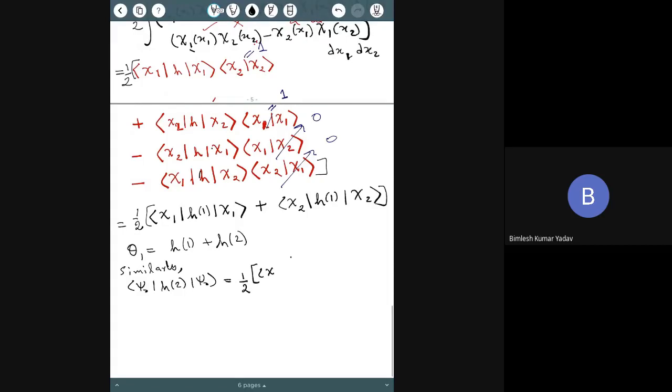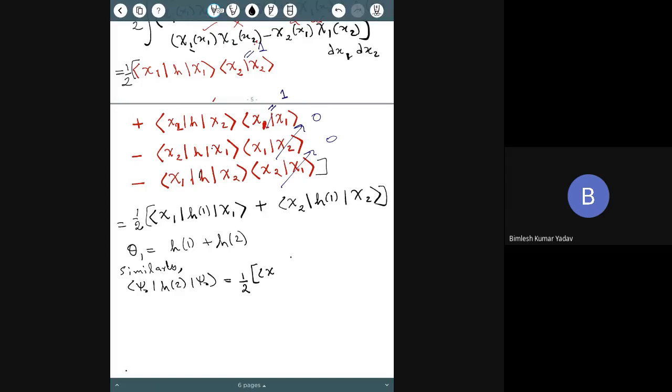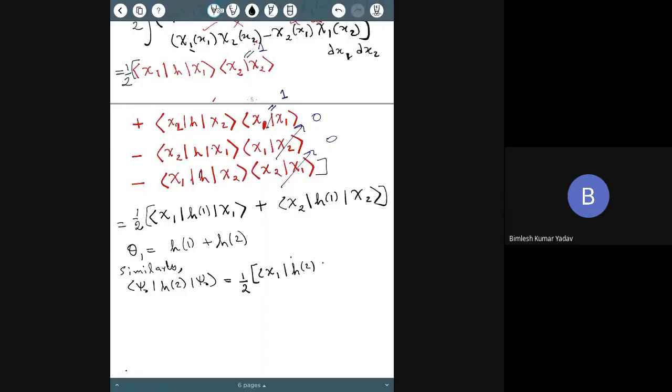Theta 1 is the sum of the one electron operators of all the electrons. So it's H1 plus H2. So now we have solved psi naught H1 psi naught, and by H2 chi1 plus chi2 H2 chi2.